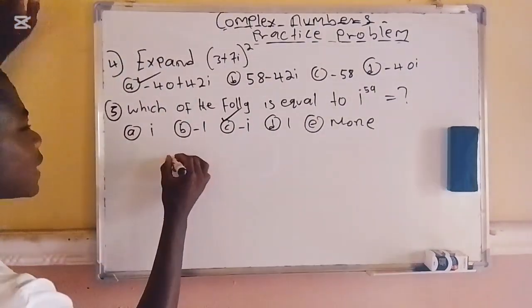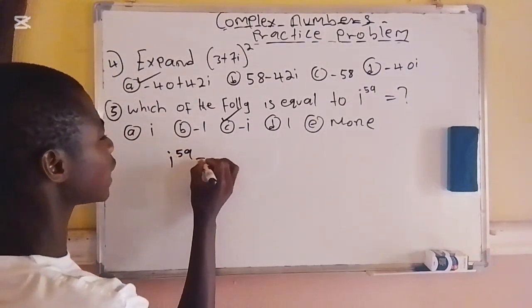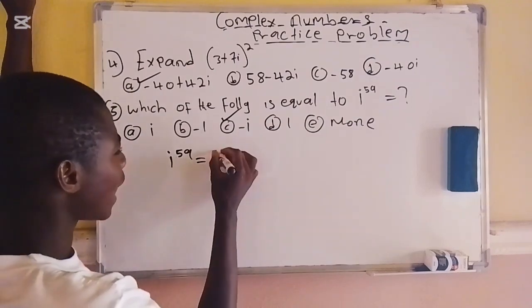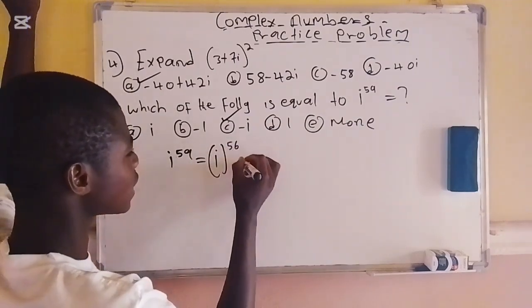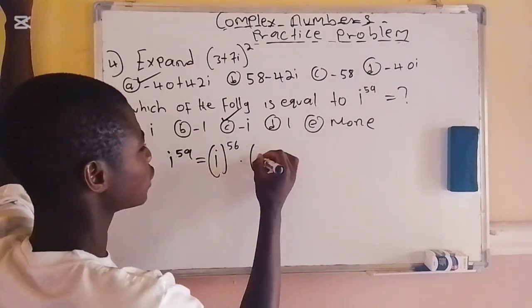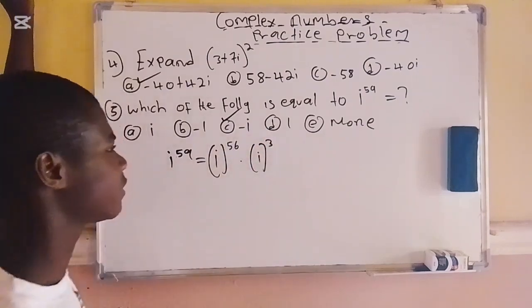If I say i raised to the power of 59, it will be equal to i raised to the power of 56 multiplied by i raised to the power of 3.